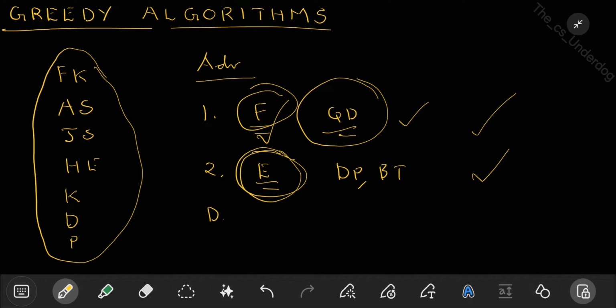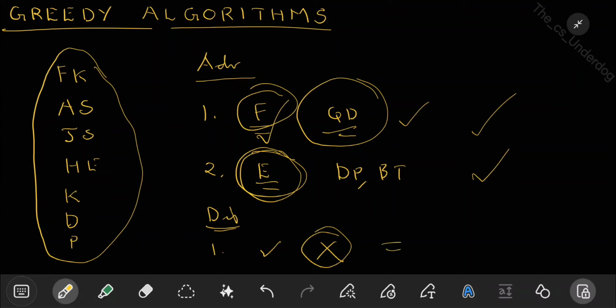What are the disadvantages of a greedy algorithm? Disadvantage, first thing, is that it does not always yield the optimal solution. So sometimes it may give the optimal solution. In some cases, those problems cannot be solved by greedy algorithm and it may not give you optimal solution. So not all problems can be solved by greedy approach.